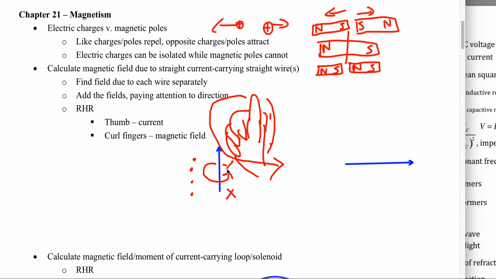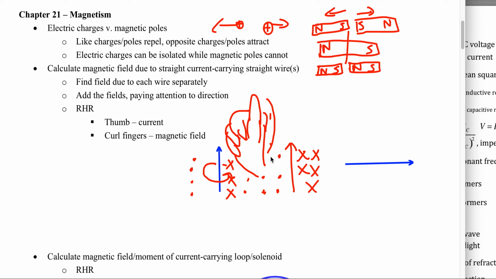So you would put an X to say the field is going into the page anywhere to the right. And if you had another wire here, you'd have to do the same thing. The field would be going out of the page if you're anywhere to the left. It would be going into the page if you're anywhere to the right of the wire.